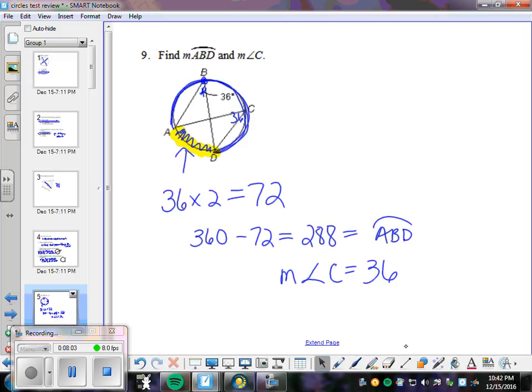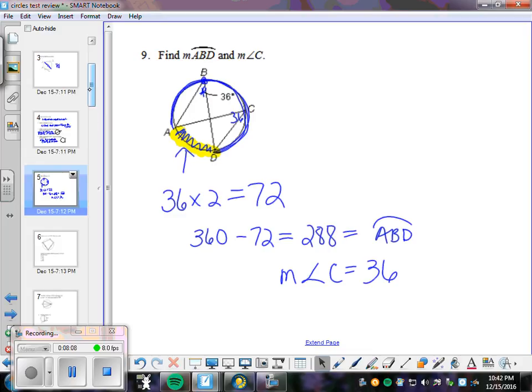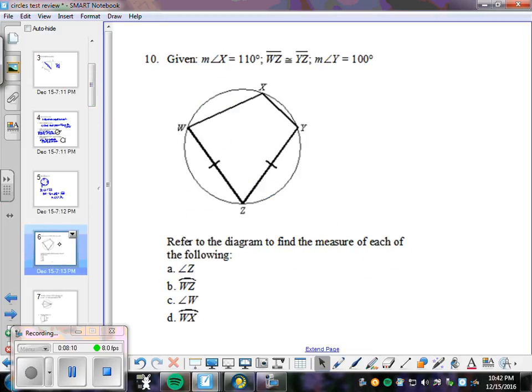Okay, now let's go to number 10. Okay, in number 10, we have X is 110, WZ is congruent to YZ. So these sides are congruent to each other. Okay? Angle Y is 100. Okay, so angle Z would be opposite this angle.